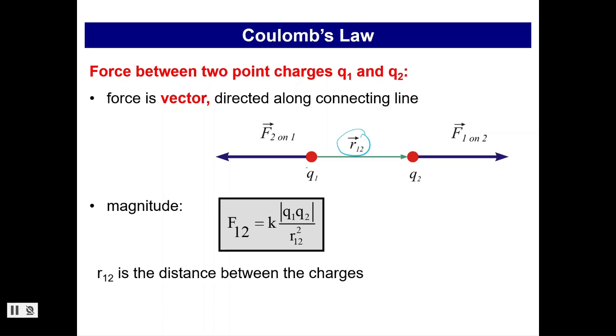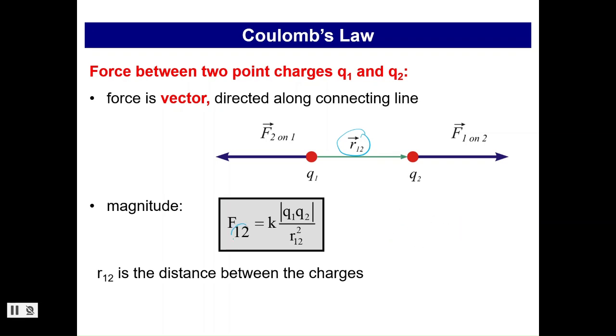But technically r would point from one of them to the other. Then you would have positive and negative forces as a result. Now, if you look at this equation, it looks a little similar to our universal gravitation, or our gravitational force, which is G m1 m2 over r squared. So it has the same kind of structure. And we're going to take a look at the relationship between these two equations in a little bit.